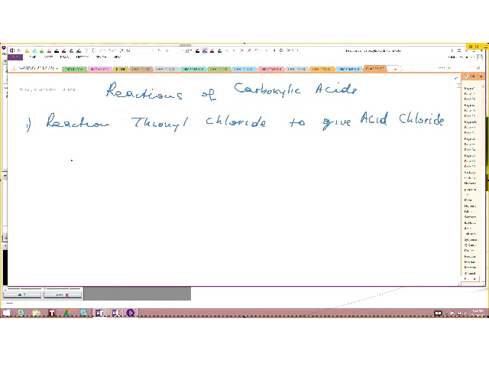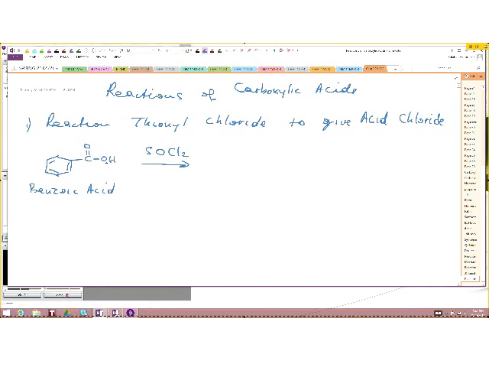So you take a carboxylic acid, in this particular example, benzoic acid, and you react with thionyl chloride. We react with thionyl chloride.